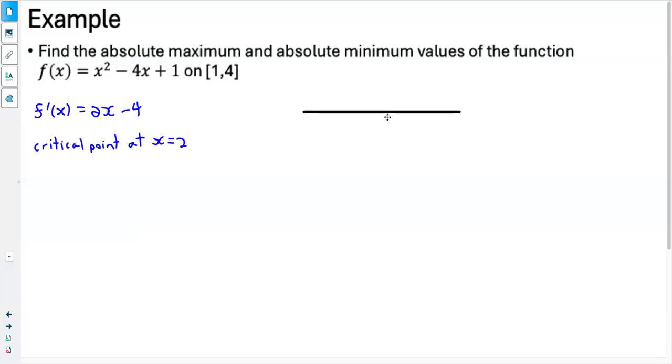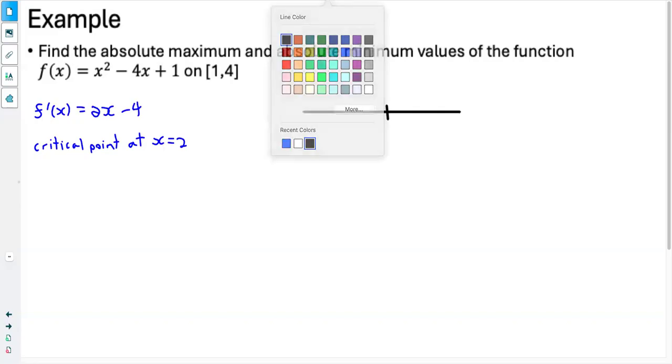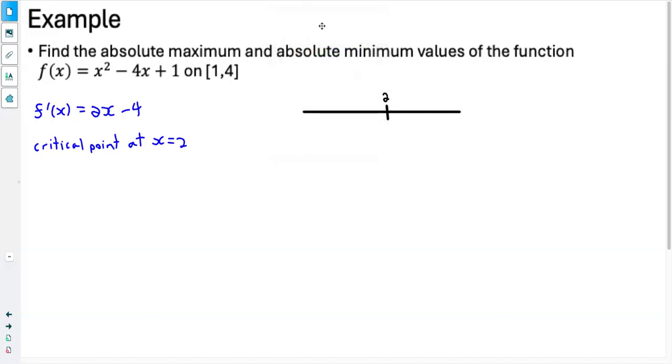So my number line is just going to have one point on it, and we're going to calculate our slope on either side of this.